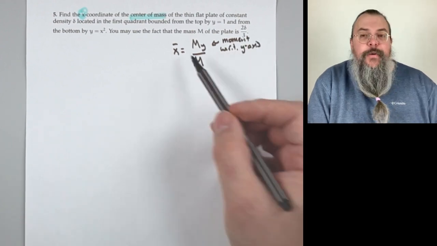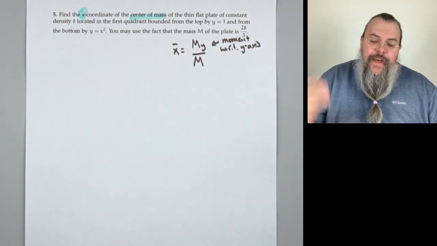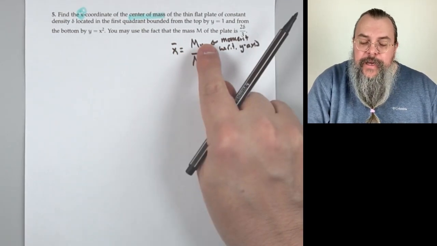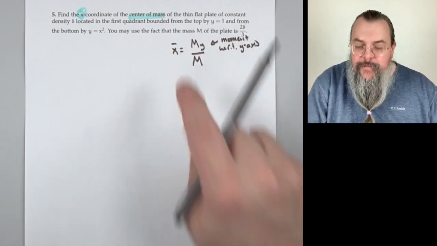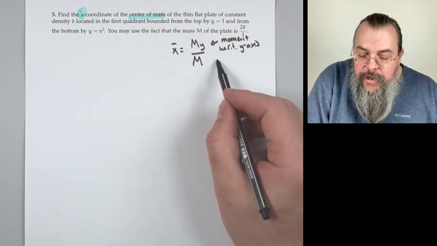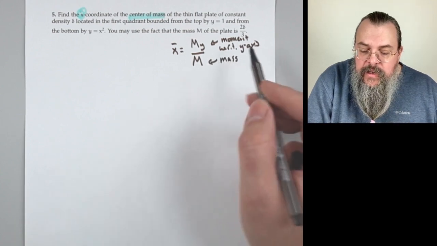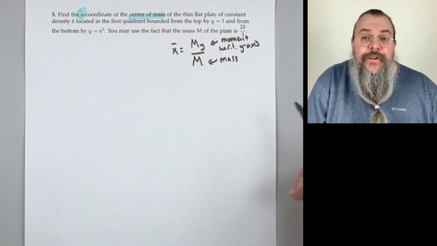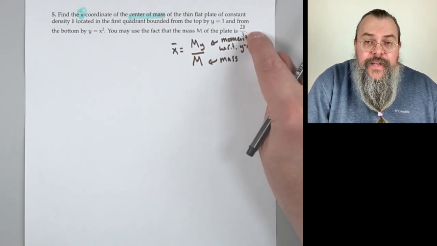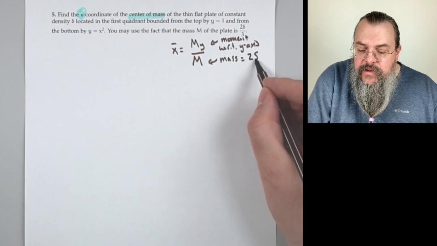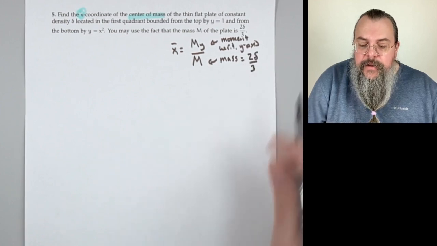It's one of those counterintuitive things: if I'm looking for the x-coordinate, I look at M sub y. If I'm looking for the y-coordinate, it's M sub x. And the M, well, that is the mass. Now, the nice thing is we know what mass is without any work, because they told it to us. So mass is 2 delta over 3.